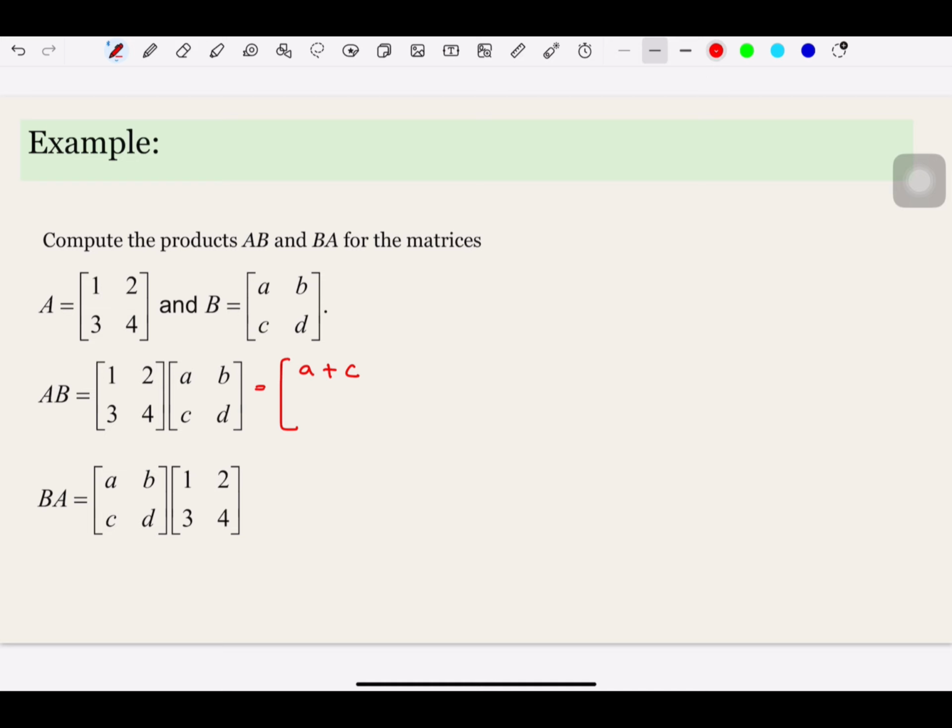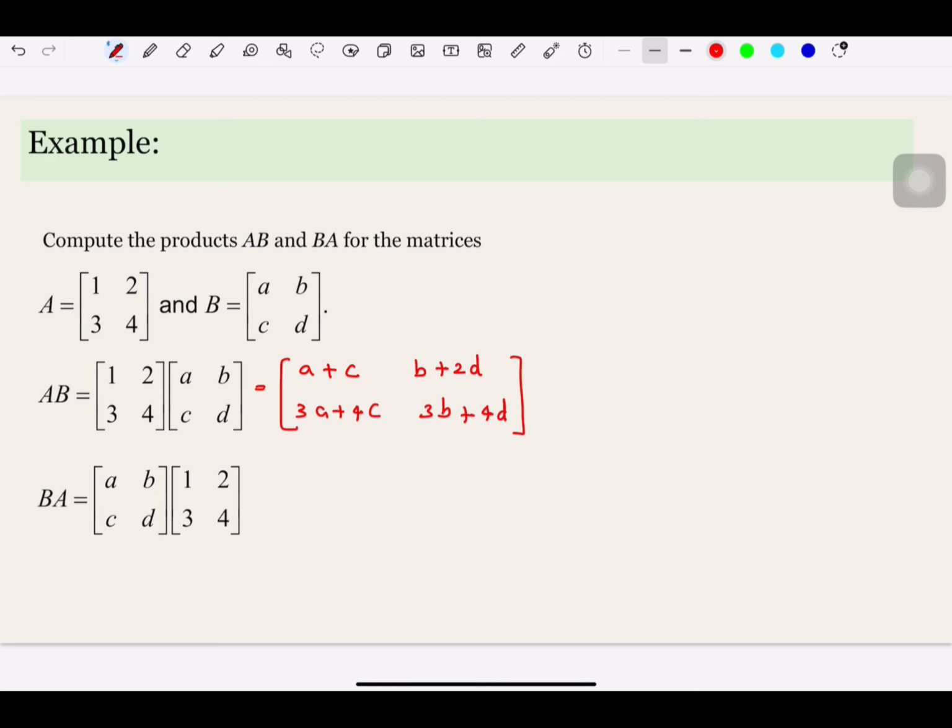That's going to be b plus 2d. To get the bottom left, you multiply the second row by the first column, which is 3a plus 4c. And the bottom right is going to be 3b plus 4d.